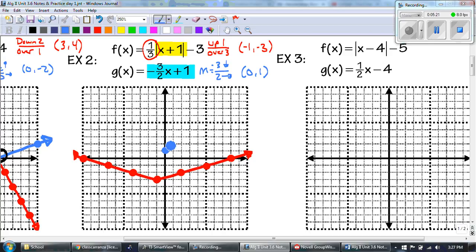I go down 3, over 2. I found my point. They're not going to meet that way. I'm just double checking that I don't intersect in the other direction. And now I've got my line. So it looks like this one only meets up at 1 point.